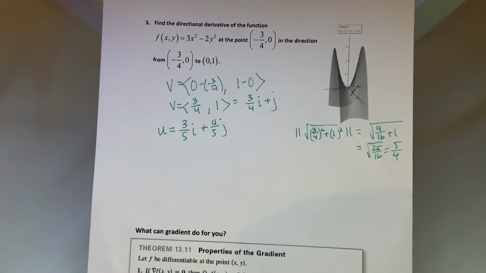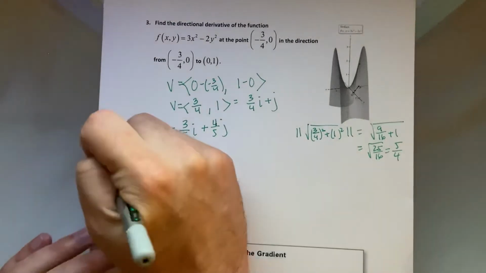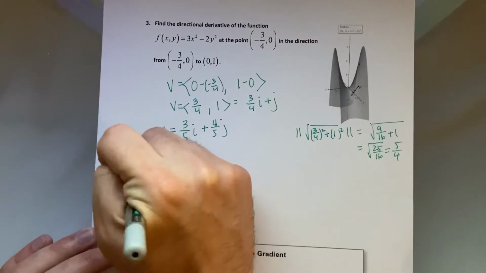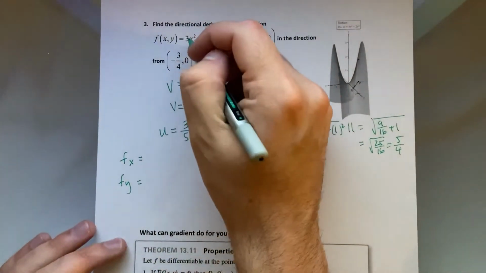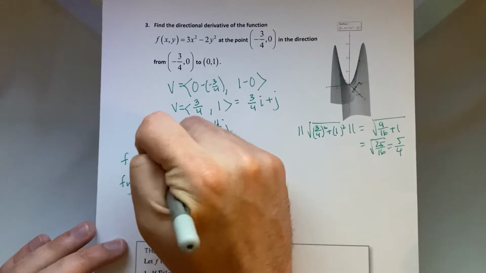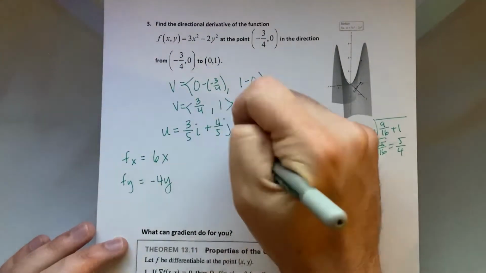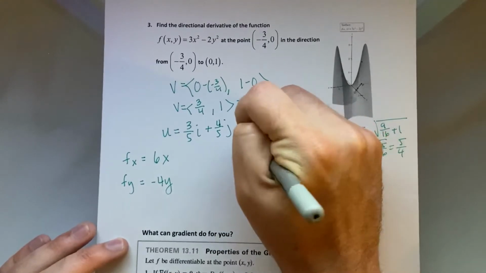Now what we know is that the directional derivative is the dot product of the gradient and this unit vector. So let's find the gradient. To do that, I need my two partial derivatives. My partial derivative in the x direction is 6x, in the y direction, negative 4y. Now again, we know we're at the point negative 3/4, 0.